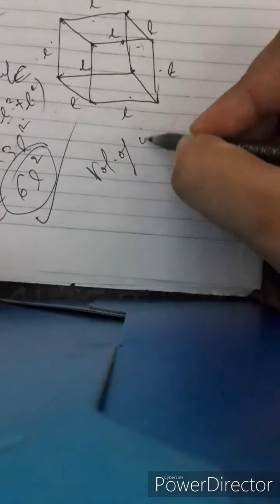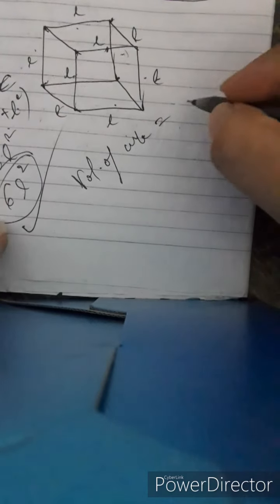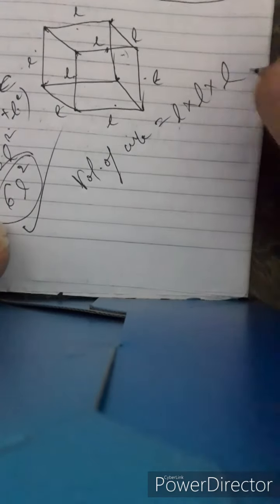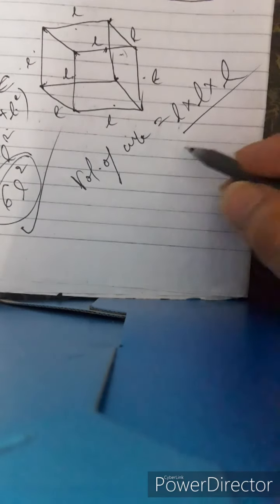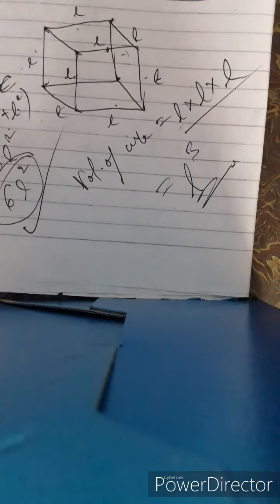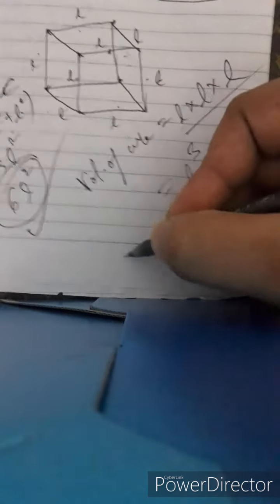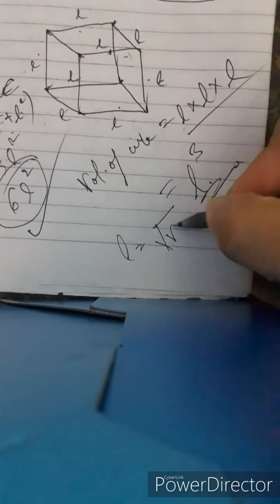Now the volume of cube can be denoted by the formula L into L into L, because volume of cuboid was L into B into H, all sides are L, so L into L into L equals L cube. The volume of the cube can be denoted by L cube. Alright, and one edge of the cube, that is L, equals cube root of volume.